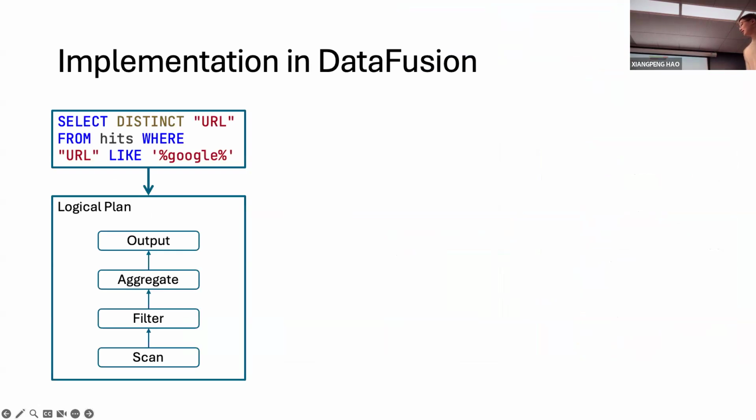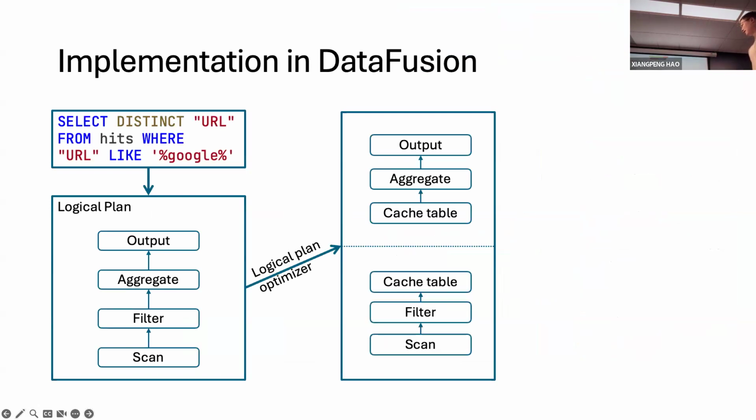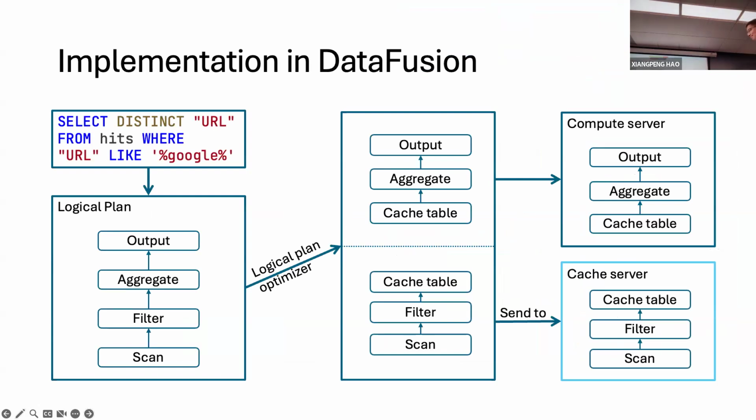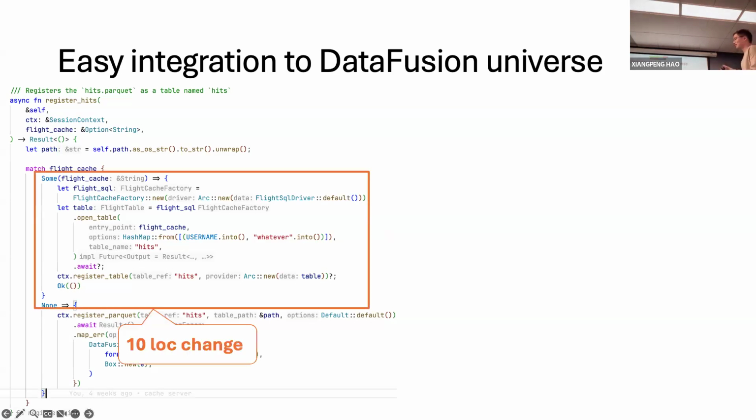We basically go from SQL to logic plan, and we make separate plans, and then send the plans to the compute server and the cache server. Using our system is also very simple. In fact, I implemented this in our ClickBench benchmark.